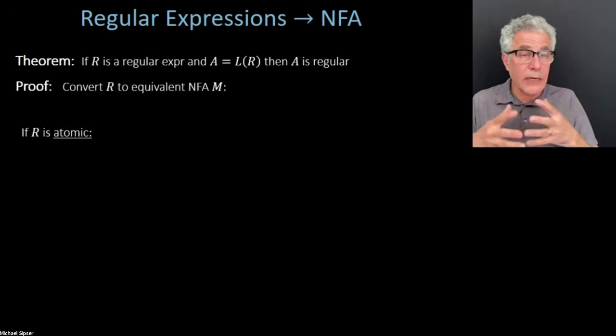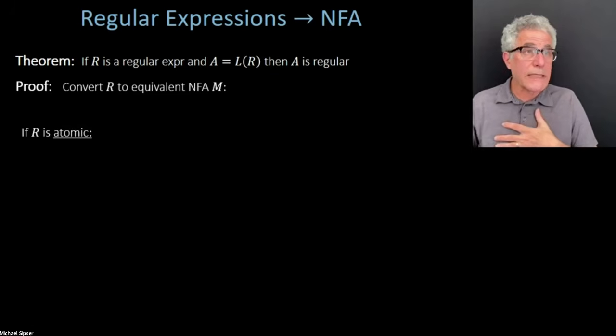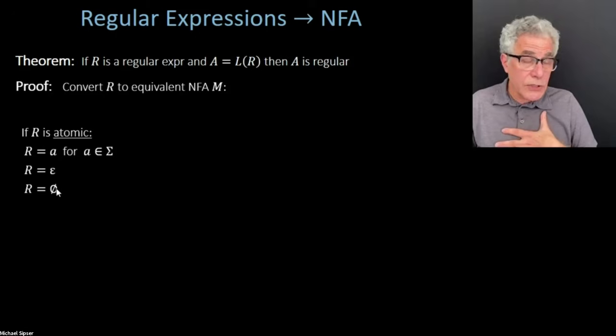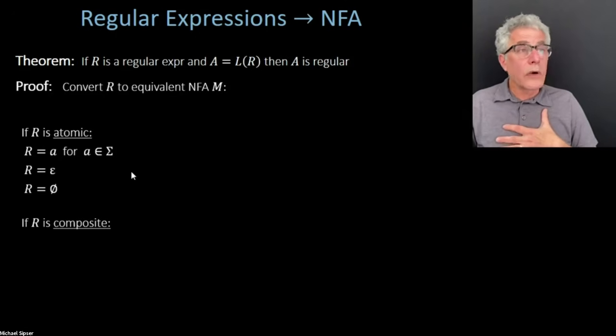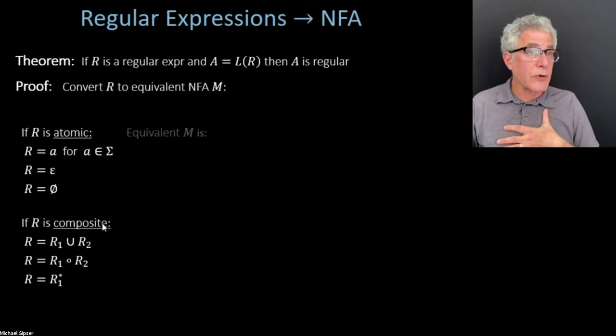They are built up out of the regular operations from the primitive regular expressions that don't have any operations, which we're calling atomic. So if R is an atomic regular expression, it looks like either just a single symbol, or an empty string symbol, or an empty language symbol, or R can be a composite regular expression.